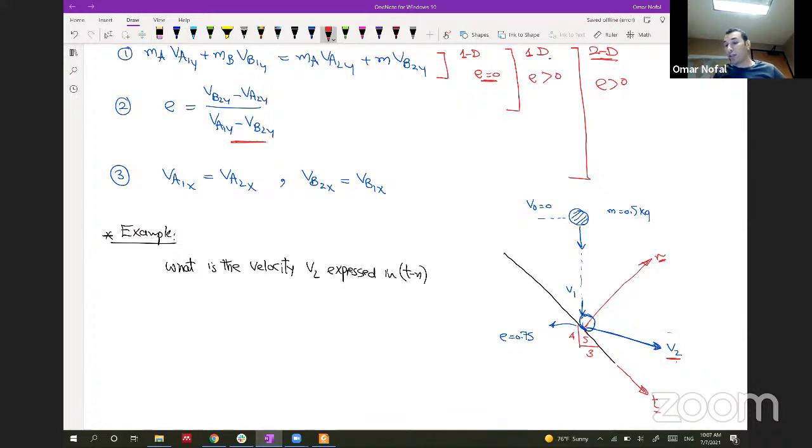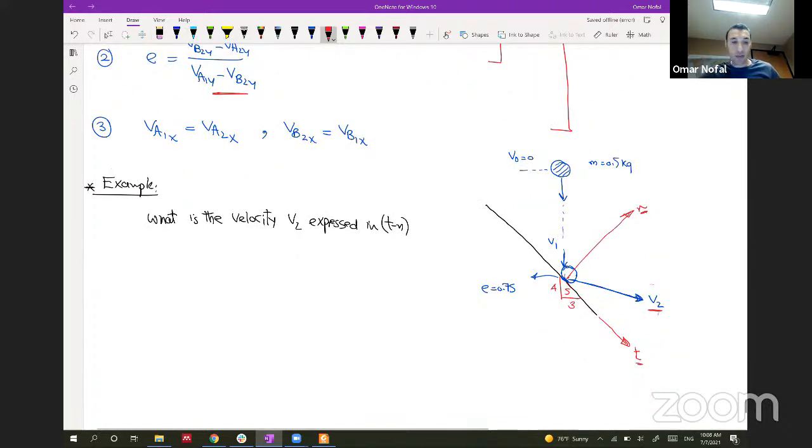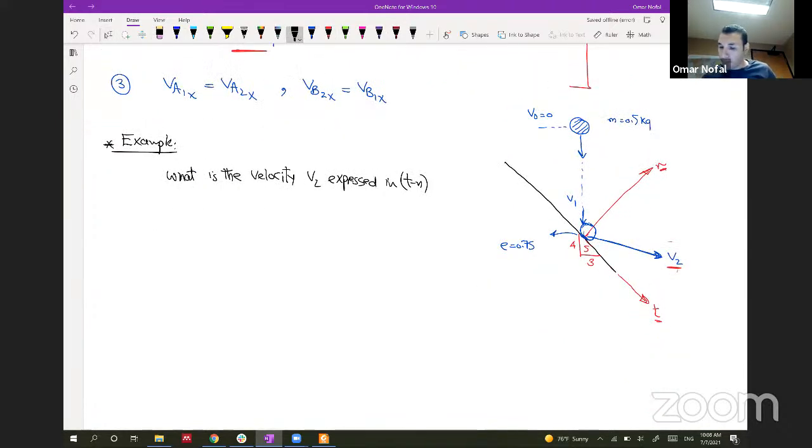After you get the V, you get the component in the tangent and normal direction. And actually, the tangent and normal direction will help us to determine the velocities in the direction of impact, because we only have impact if we draw this here, and we have our ball here. So the ball will be exerting an impulse on the surface, and the surface will be exerting an impulse on the ball like this.